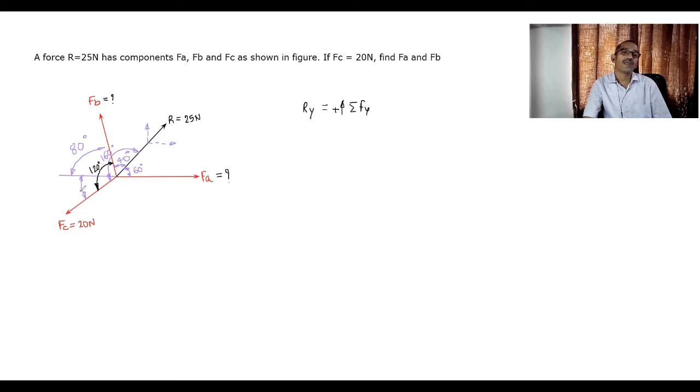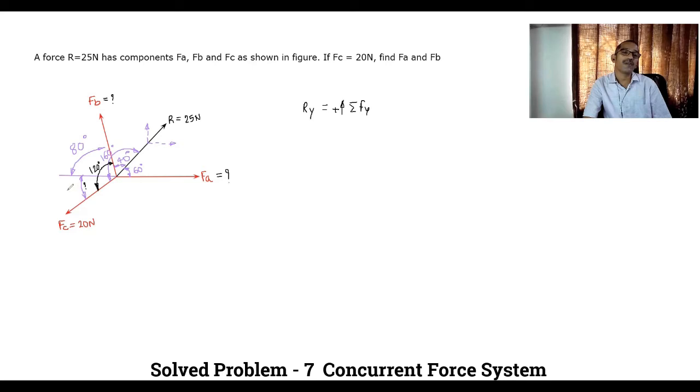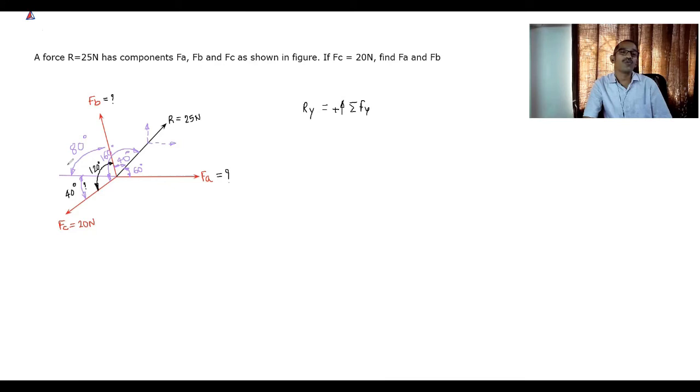Now what will be this angle here? Fb is inclined at 40 degrees with the horizontal and Fc is inclined at 120 degrees, so the difference of angle is simply 40 degrees. That means now we know the inclination of all the forces.